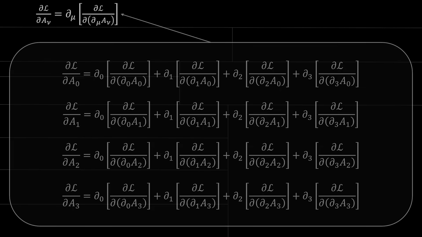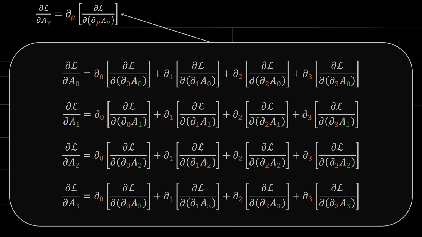Okay, well, let's go ahead and write out our Euler-Lagrange equation. So this equation has a whole bunch of derivatives of the Lagrangian with respect to A and with respect to derivatives of A. And just a reminder, the letters mu and nu are both just placeholders for 0, 1, 2, and 3. In this equation, you can think of it as nu taking on any particular value, 0, 1, 2, or 3.